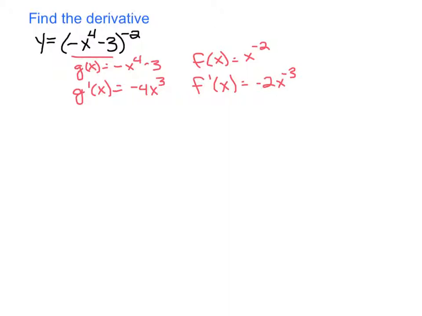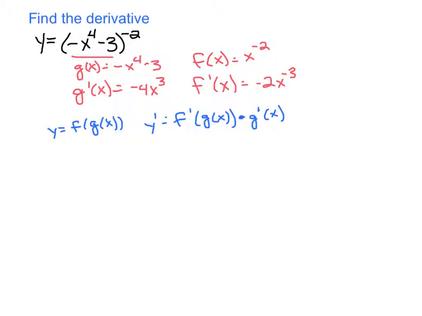So our chain rule says, thinking back to the chain rule, for f of g of x, the derivative would be the derivative of the composition function at our g of x, times the derivative of g of x. Okay, so let's just plug and chug.